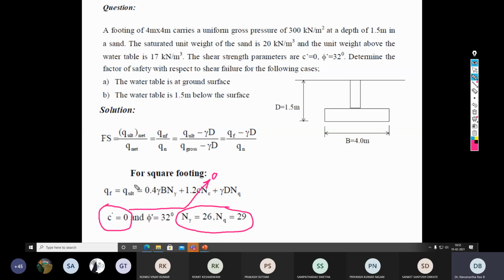Here, Q ultimate is nothing but Qf. So first try to calculate Q ultimate.